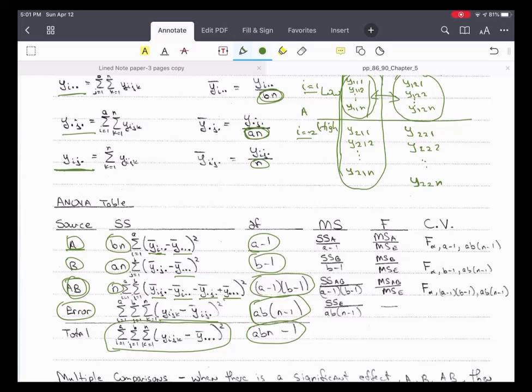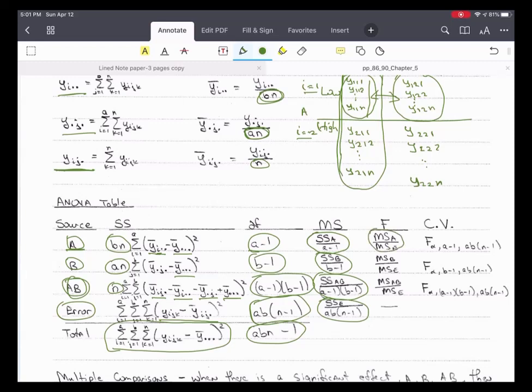All right. We calculate the mean square the same way as we have. We take the sum of squares divided by the degrees of freedom for each of these. And for the F statistic, we're going to divide MSA by MSE because it's fixed.